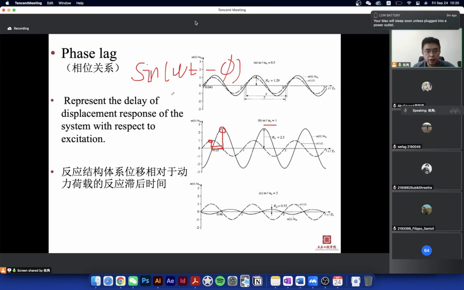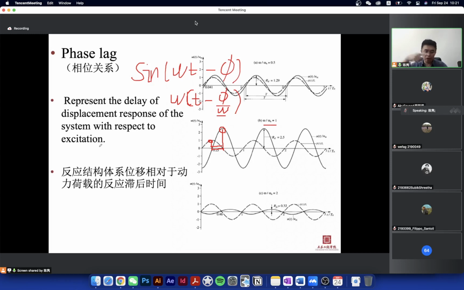And if we change this slightly, sine of omega times t minus phi divided by omega, the unit of this part will be time. So the phase lag or phase delay is actually a time, which represents the delay of the displacement response of the system with respect to the excitation.